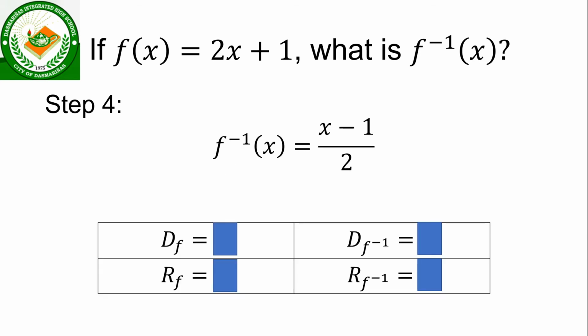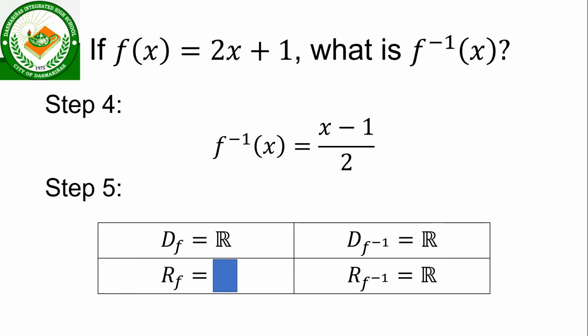For our step number 5, we all know that the domain of f of x is the set of all real numbers because it is a linear function. Therefore, based on the property, the range of the inverse is the set of all real numbers. Now, the domain of the inverse is also the set of all real numbers.